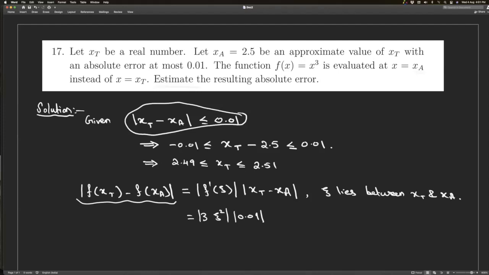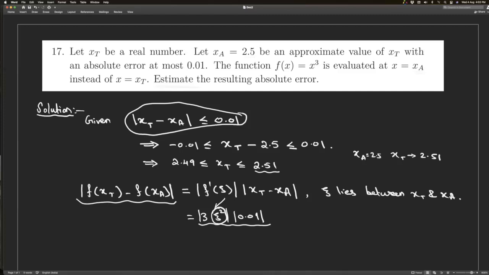Now you see what we can conclude from here about xi is the question, because this is the unknown. In order to get the right hand side a constant, we have to somehow get rid of this xi, right? That is the only unknown sitting here. Now you can see that xt can be at most 2.51 and xa is already given to us as 2.5.